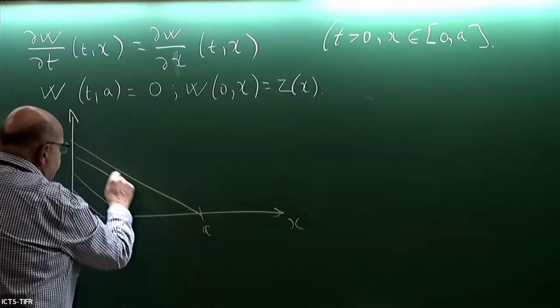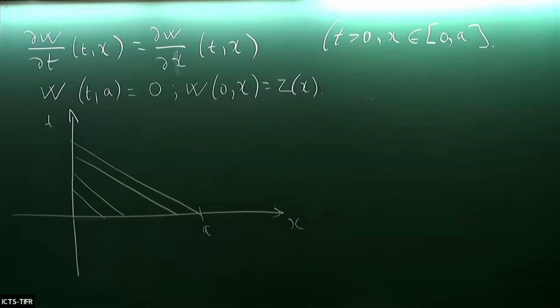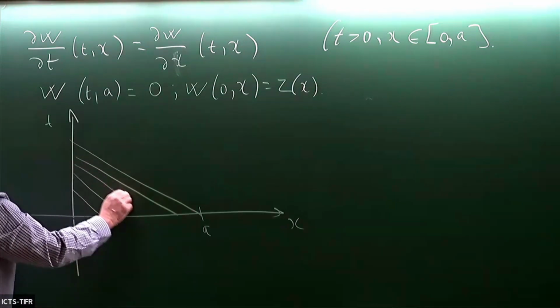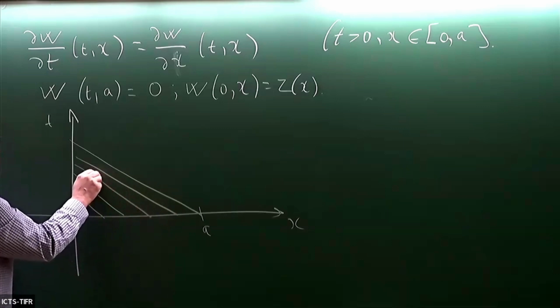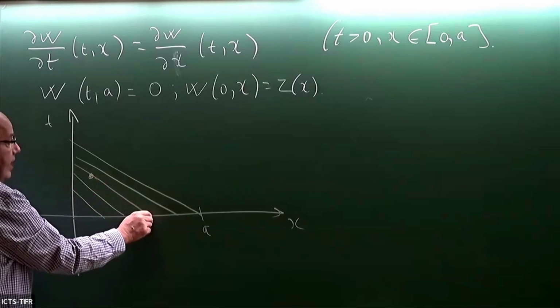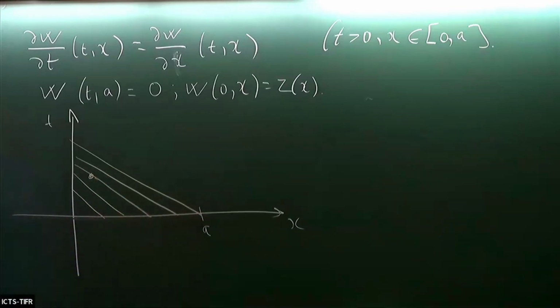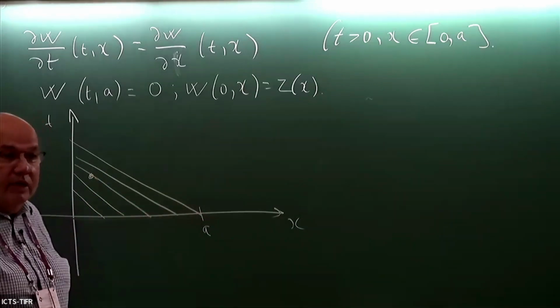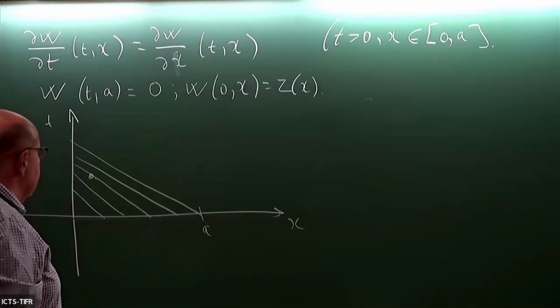Okay? So everywhere here it is constant. In all this region, to find the solution, I have just to go down on the characteristic and meet the initial data, the value at the initial time.